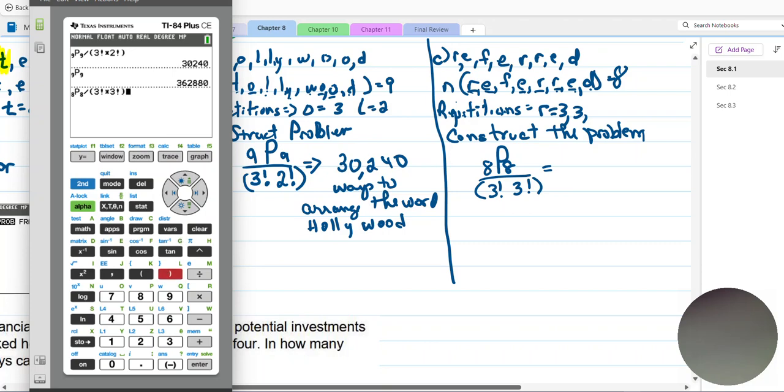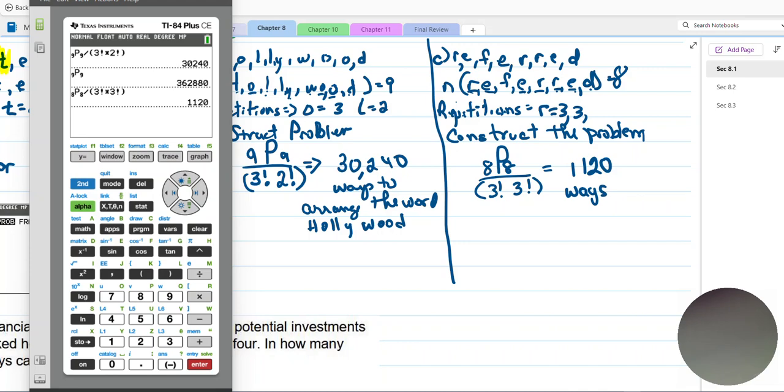Close my parenthesis, looking super, enter. 1,120. And that's with repeating letters.